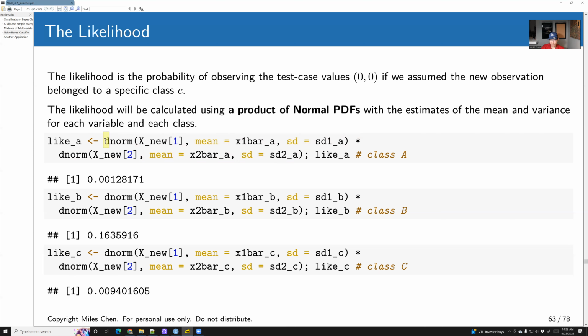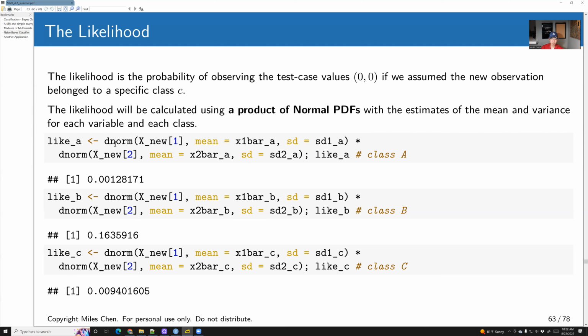In R, pnorm is the cumulative distribution function. That's the CDF, and it's going to give you different results. So make sure you use the density, dnorm, rather than pnorm. For the likelihood, always use the density.